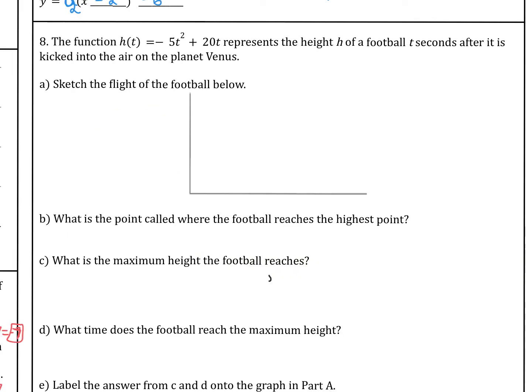For number 8, the function is written in the form of height and time. Negative 5t squared plus 20 represents the height h of a football t seconds after it is kicked into the air on the planet Venus. To sketch the graph, we need the vertex. It means that you need this formula, negative b over 2a.